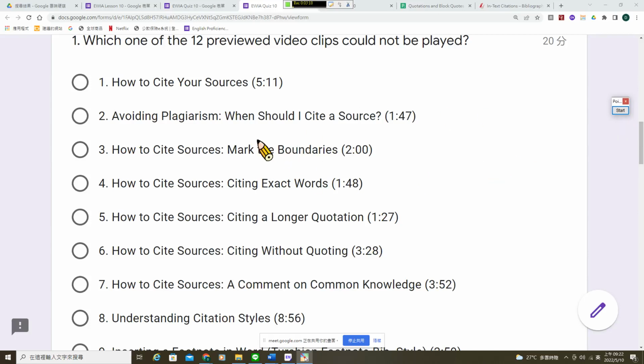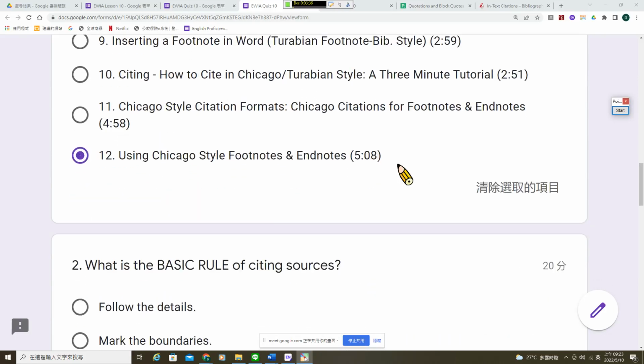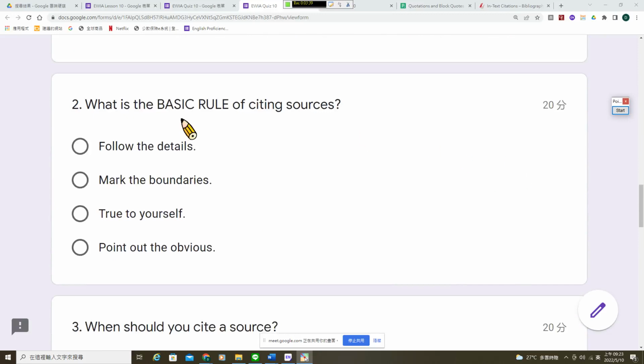So I really recommend you to go through these video clips one more time, and go through all the details and really learn about how to make your citation and the references correct. Okay, let's go to the next session. So what is the basic rule of citing sources? The answer for this one is very simple.